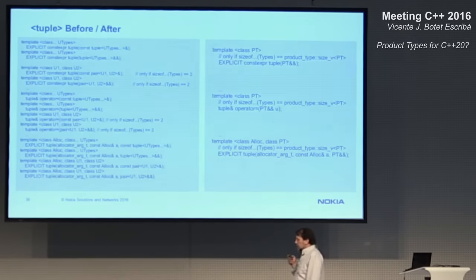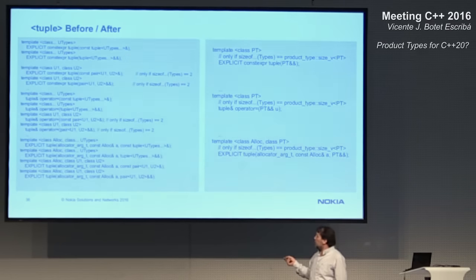Okay, let's see. Today on the left, we have some constructors and assignment for the class tuple. And we have a lot of them because we are, in my opinion, too specific. We have constructors to construct from a tuple, on which we have types that are convertible to the types of the tuple.